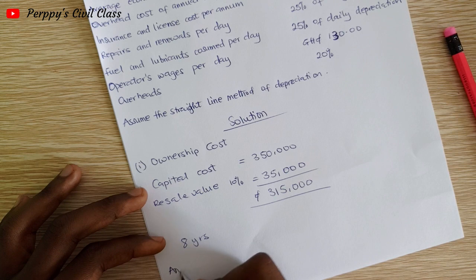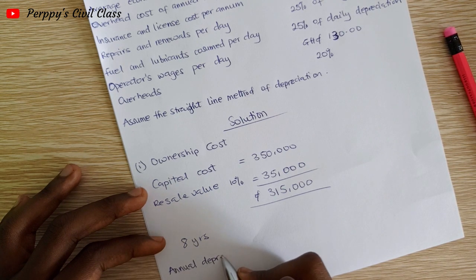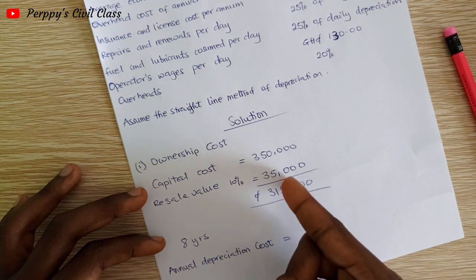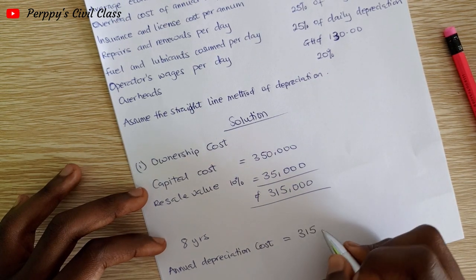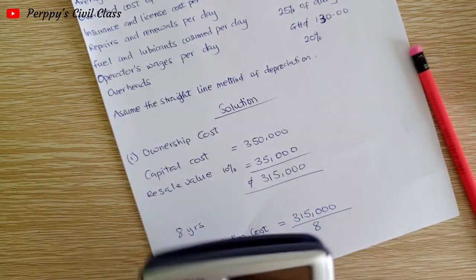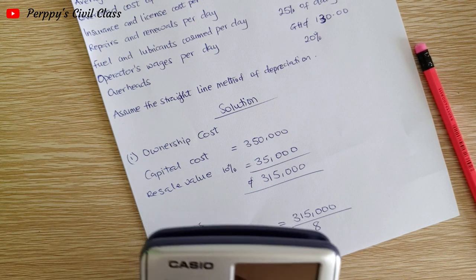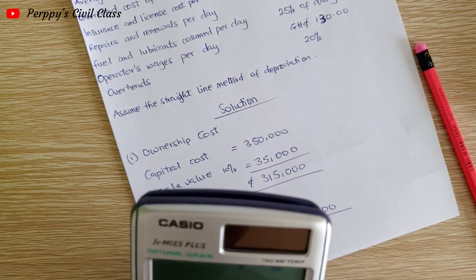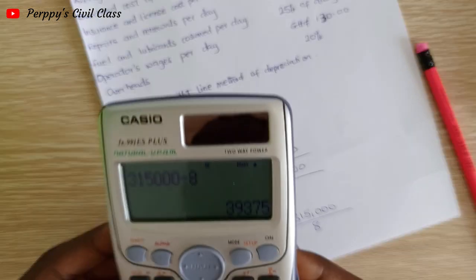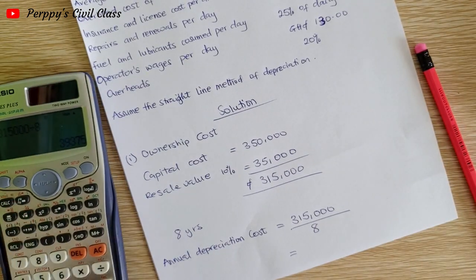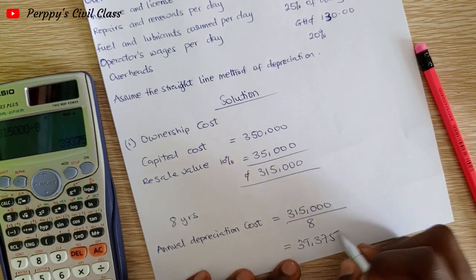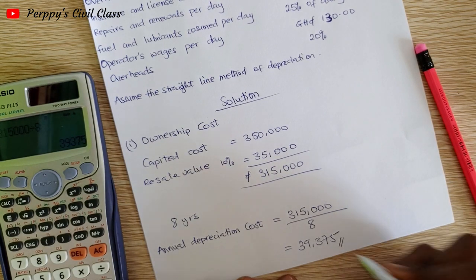The annual depreciation cost is equal to the new value, 315,000, divided by the number of years it was used, 8. That is giving us 39,375.